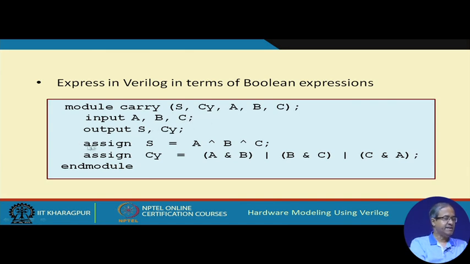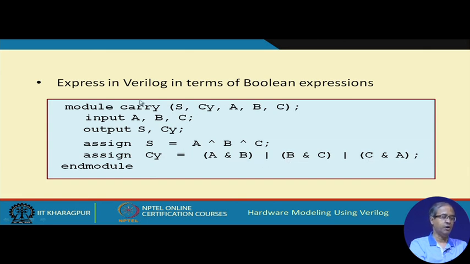There is an assign statement available in Verilog. Using assign, you can directly write down the Boolean expression. The hat is the expression for exclusive OR, so sum is A XOR B XOR C. The ampersand is AND and the bar is OR, so carry is AB or BC or CA.